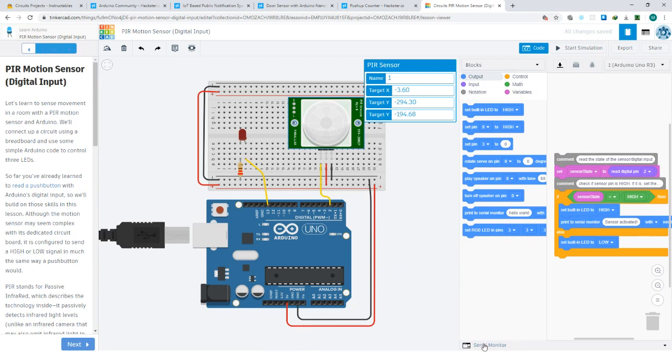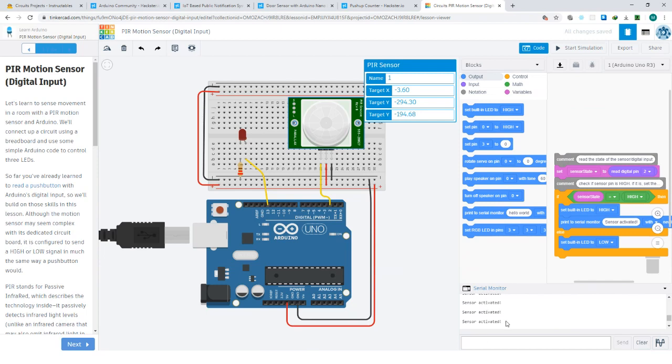Remember, we talked about the serial monitor, and it's somewhere here. It will always print "sensor activated." And else, if there's no movement, just turn the LED off and stop printing. And I think that is basically what we are seeing here.